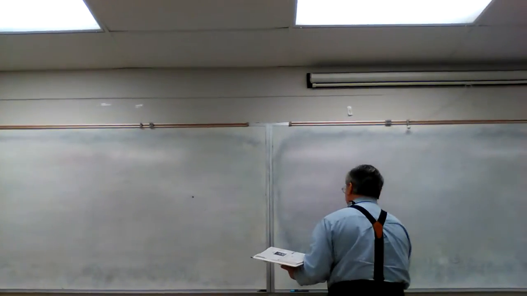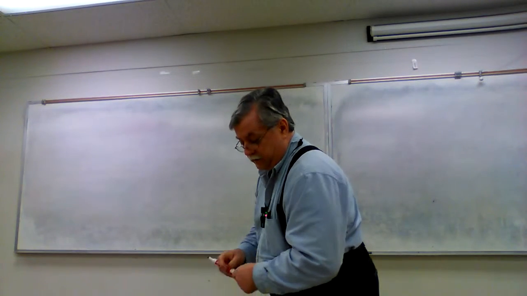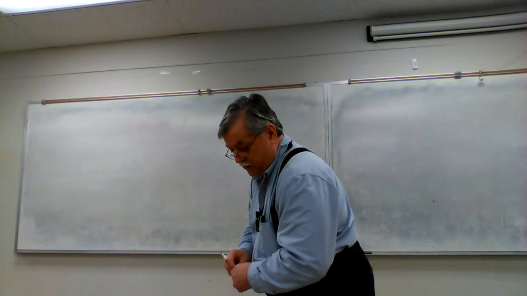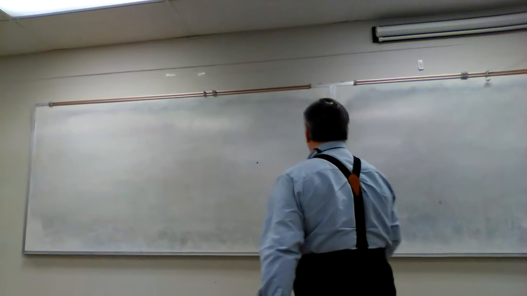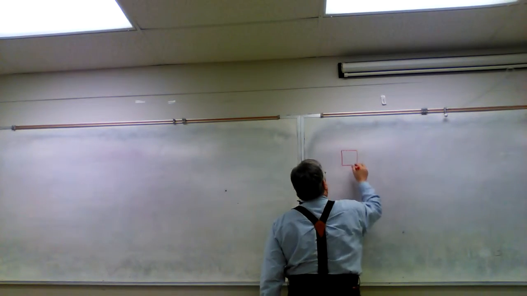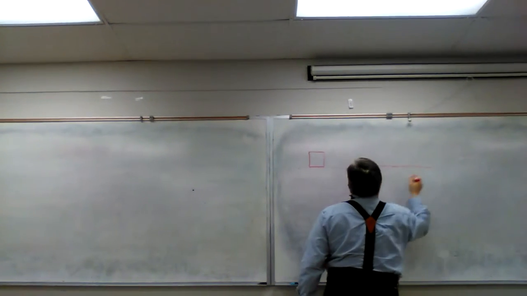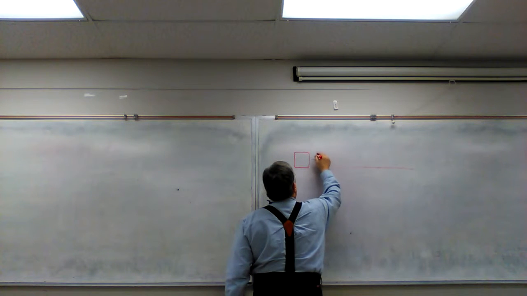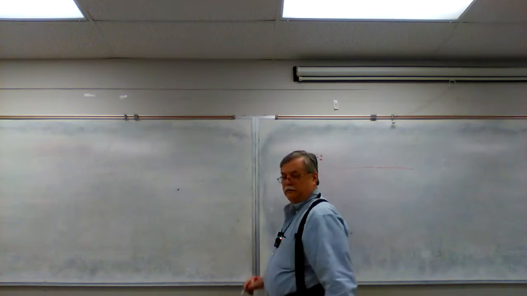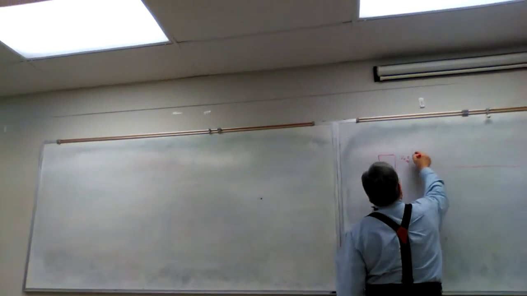So, well, you've got a box that is sliding across the floor. Its initial velocity is equal to 3.5 meters per second.